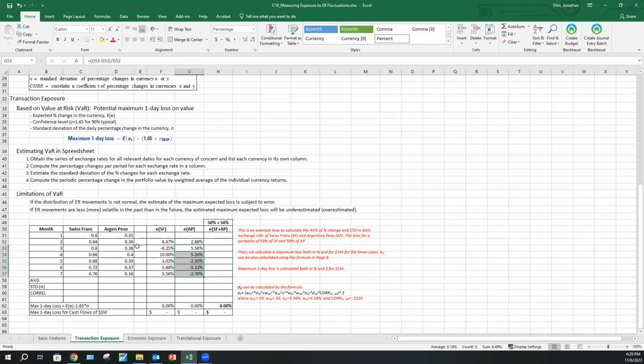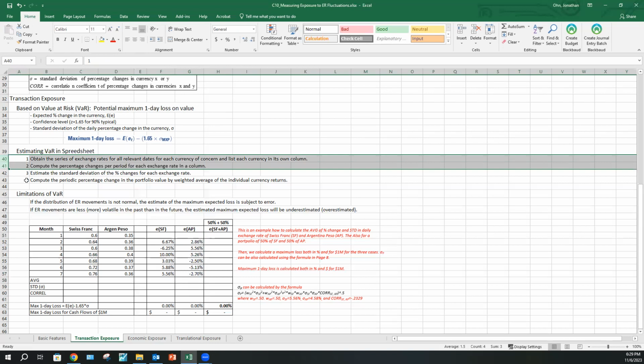See that? Simple. So we calculated the percentage change in the exchange rate for each monthly period. As we tested the first one and second, we did that, right?